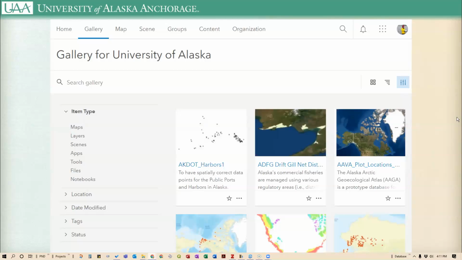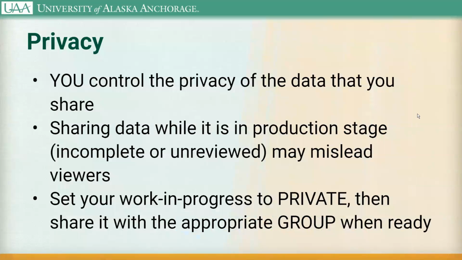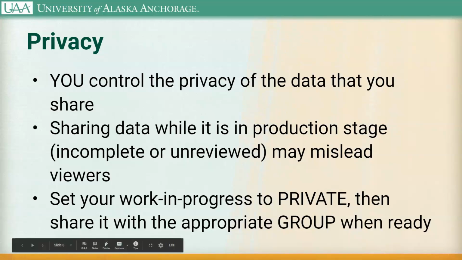Our goal is not to fill this gallery with a bunch of practice maps from GIS 101. So that's up to you guys. When you publish your information, it will ask you whether or not you want to share, and I encourage you to pay attention to that.